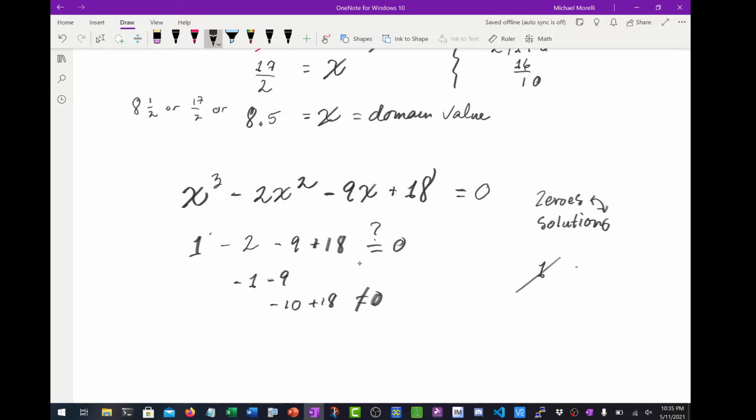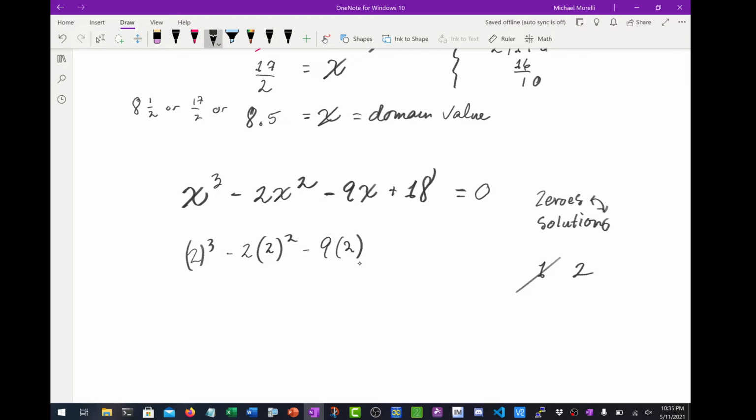So now I would try 2, right? If this doesn't work, I might try negative numbers, but we're going to try 2. So 2, I'm going to write it out. I don't want to confuse anyone. Got 2 cubed minus 2 times 2 squared minus 9 times 2 plus 18.